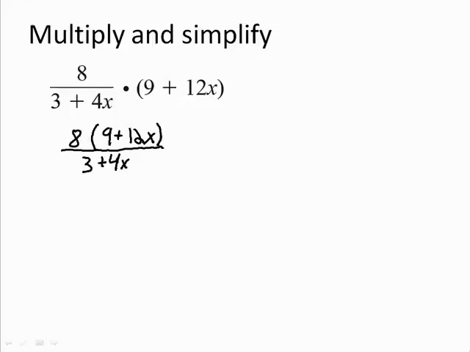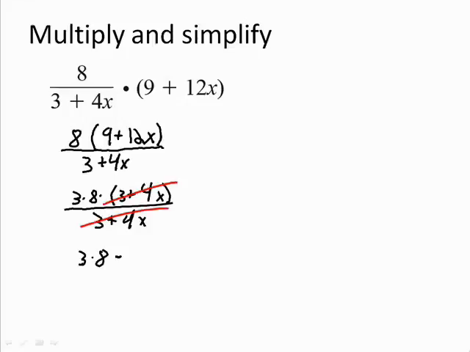Factor a 3 out of the numerator: 3 times 8 times the quantity 3 plus 4x divided by the quantity 3 plus 4x. The 3 plus 4x in the numerator and denominator cancel out. You're left with 3 times 8, which equals 24.